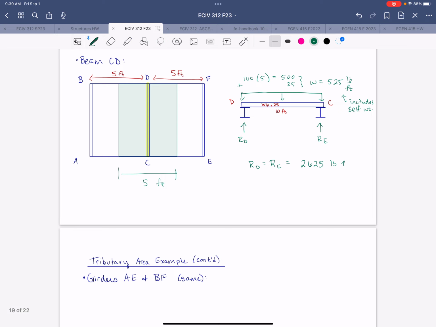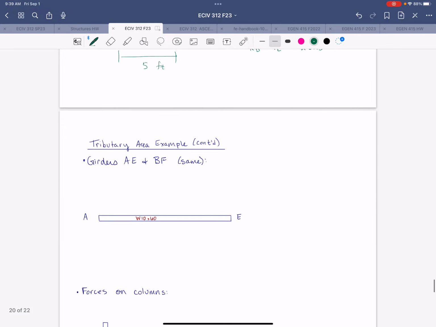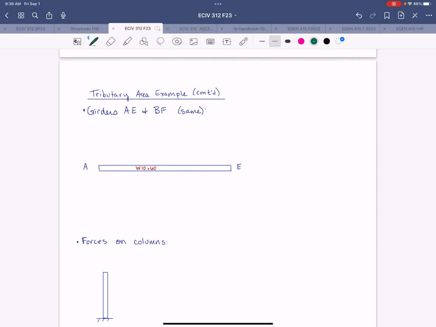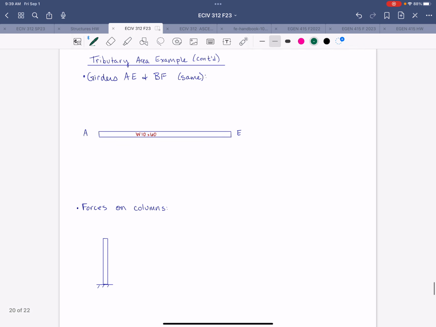Since the two girders are essentially the same, they have the same tributary width and the same beams that they're supporting, just on two different ends. We can sketch the anticipated loading. I'm going to do this in this example, but you do not have to do this in your work. You do not have to show the self-weight as a uniform load.